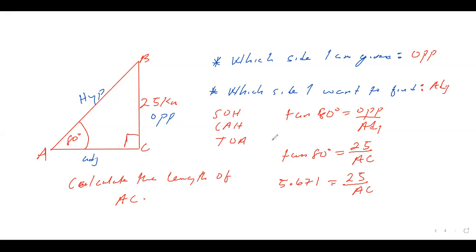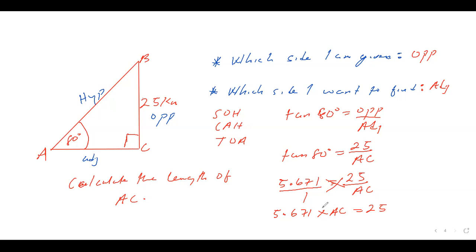AC. All right. Then we put this over 1, then we cross multiply. So 5.671 times AC is equal to 25. When you cross multiply, do we have the direct answer? No, sir. We don't have the answer yet, because we have 5.671 times AC.